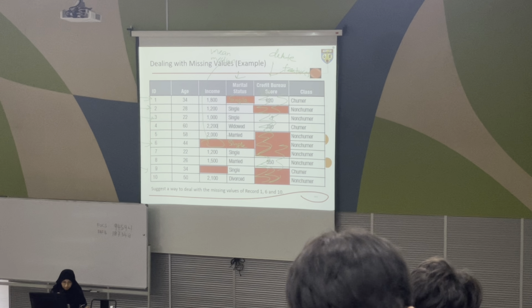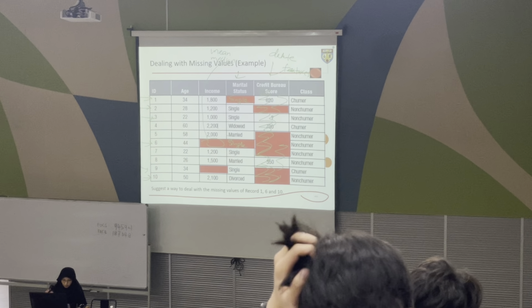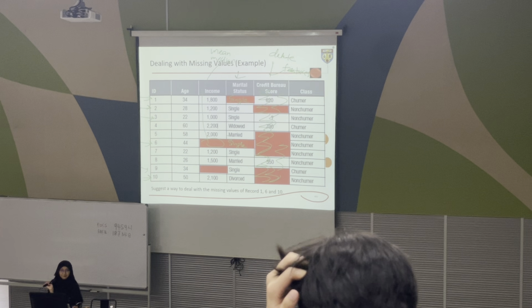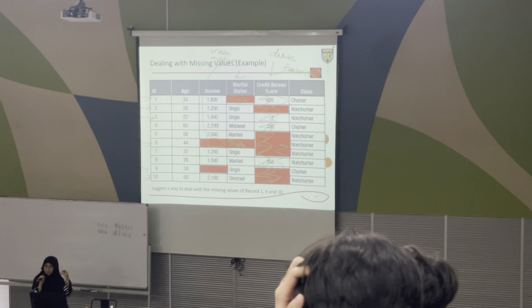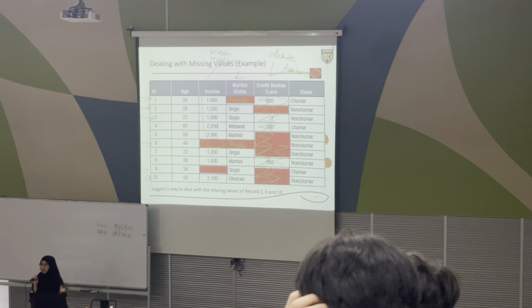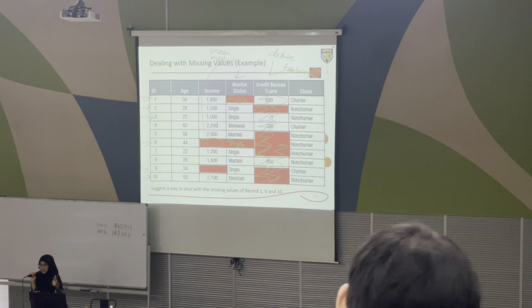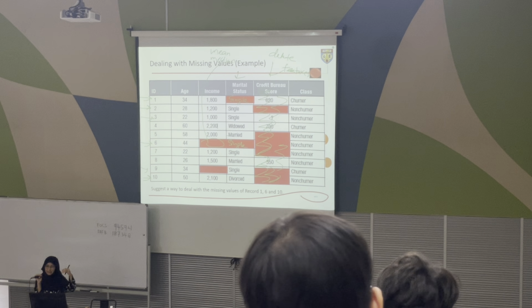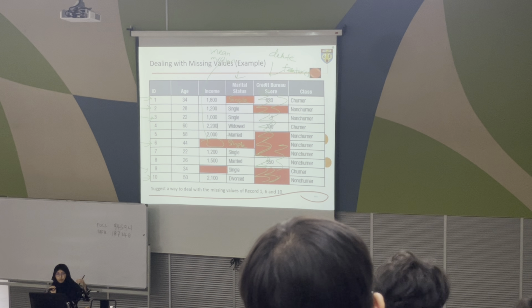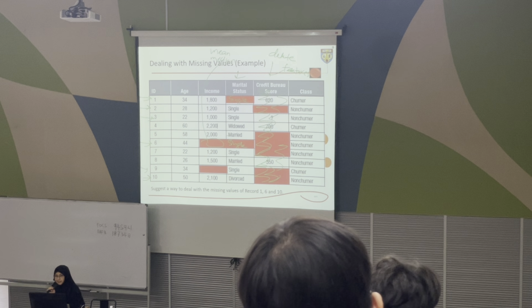And then what about record 10? If your feature is categorical, normally we can use mode. For example, category A, category B, and so on. So the highest frequency should be used to replace the missing values.